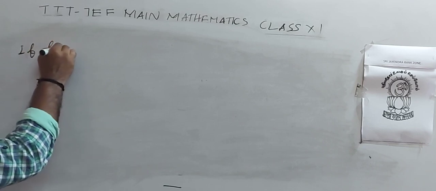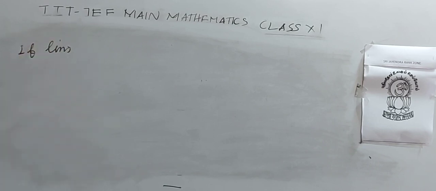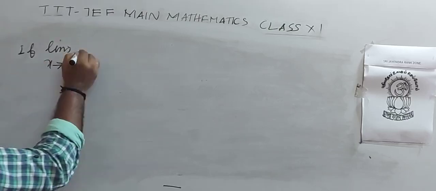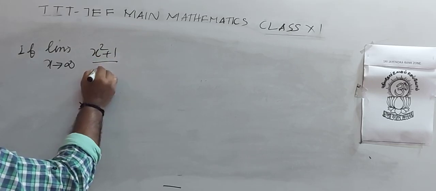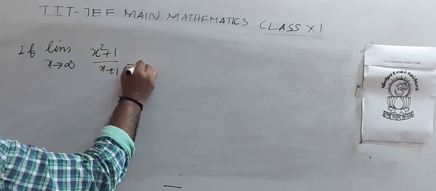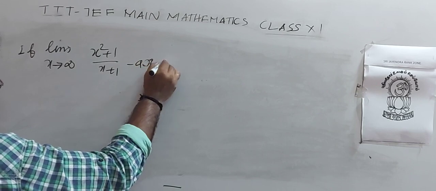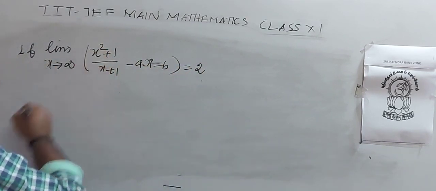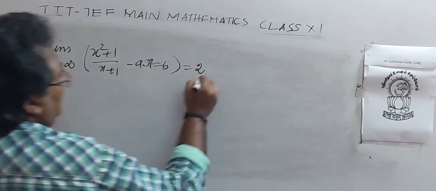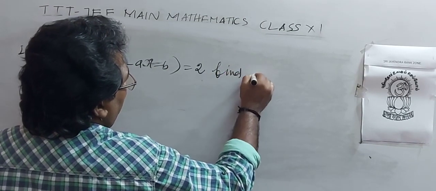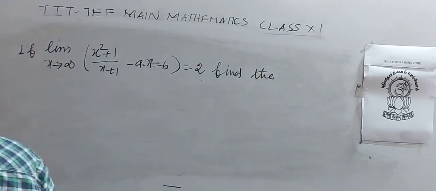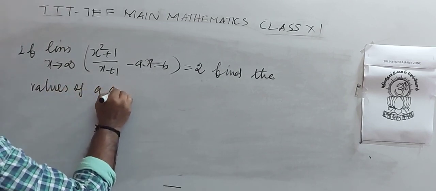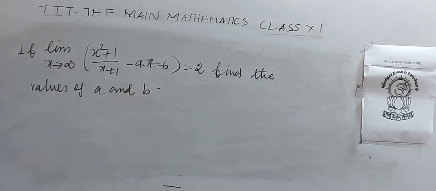If the limit as x tends to infinity of (x² + 1)/(x + 1) − ax − b is equal to 2, find the values of a and b.